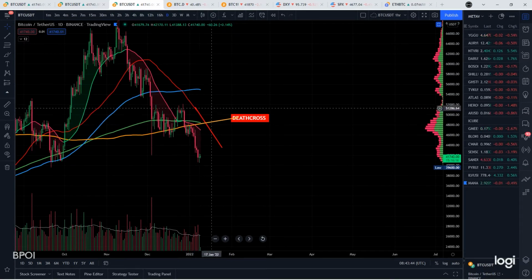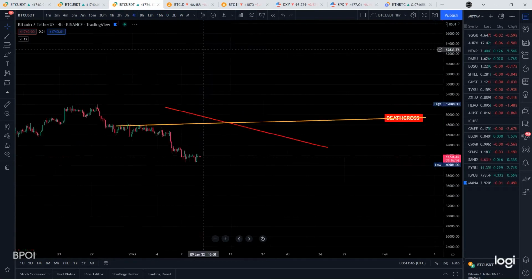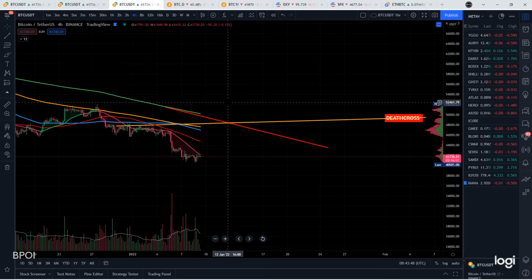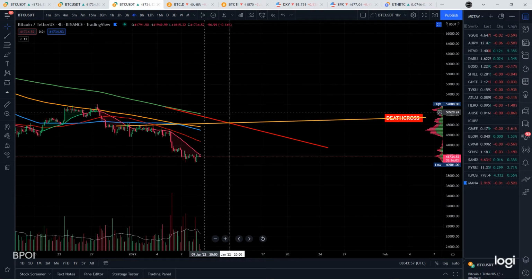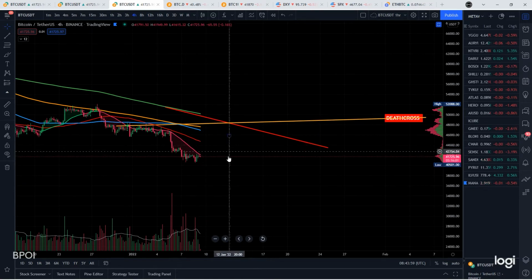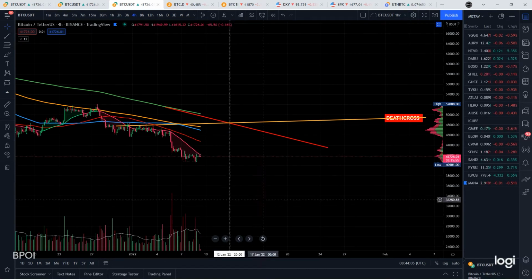So if you were to trade other time frames, you can see roughly where the death cross is going to happen. We're looking at around about the 12th of January. Alt V, vertical line, and then you have your idea of when the death cross is going to happen. It allows you to be aware of something happening in and around this area.